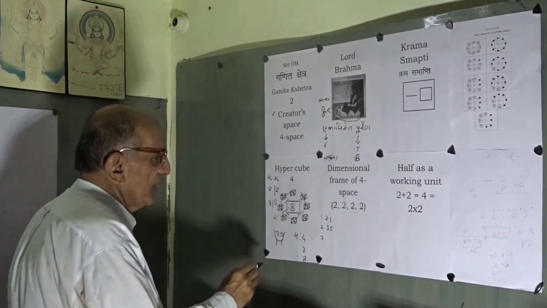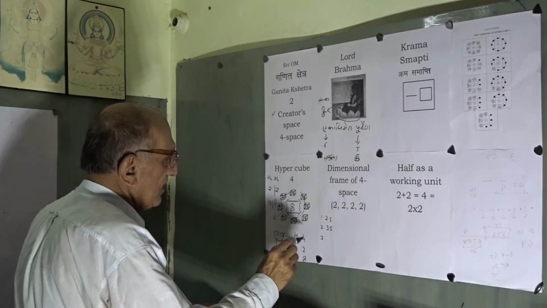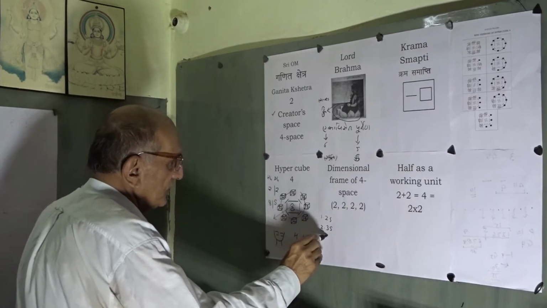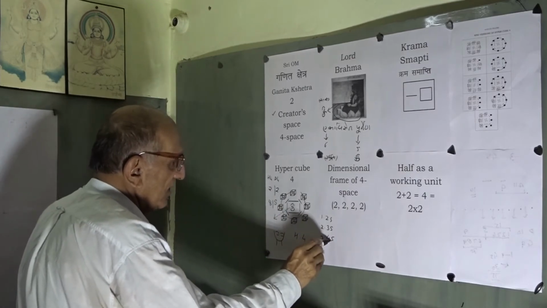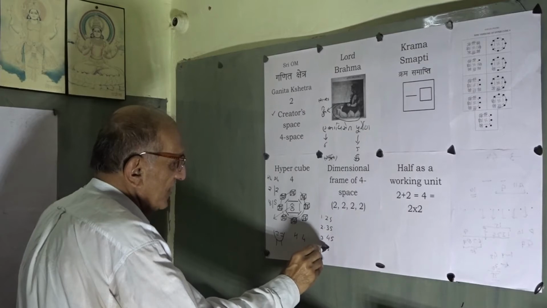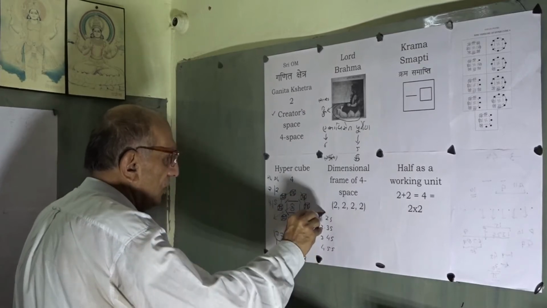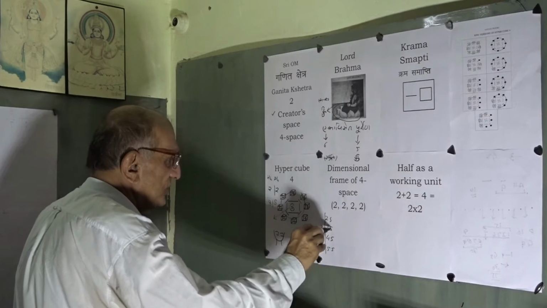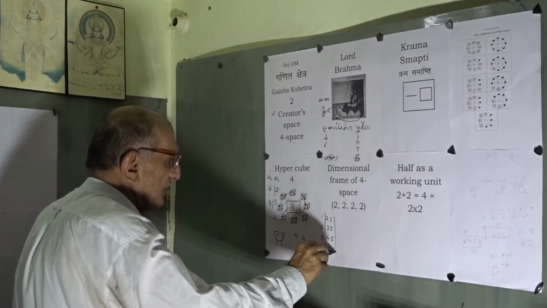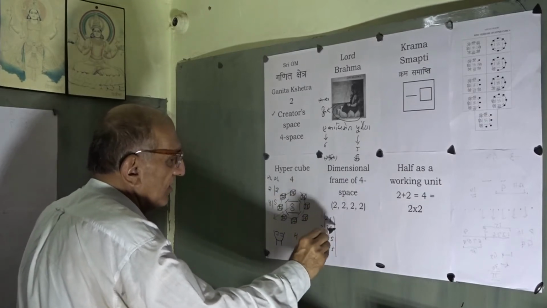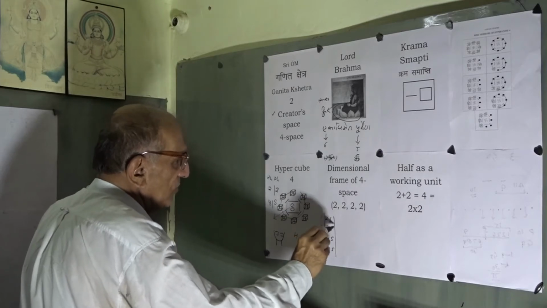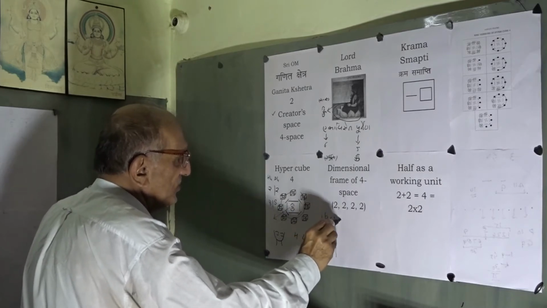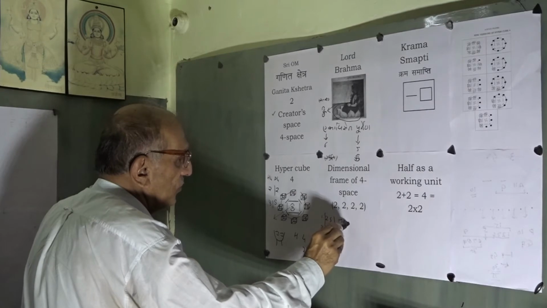Third, that it has 4 space as a domain, and then 5 space is playing the role of an origin. These four features are the prominent features, and these are called the manifestation layers or folds.